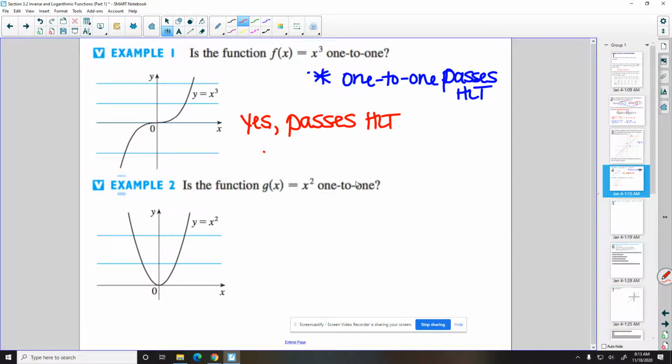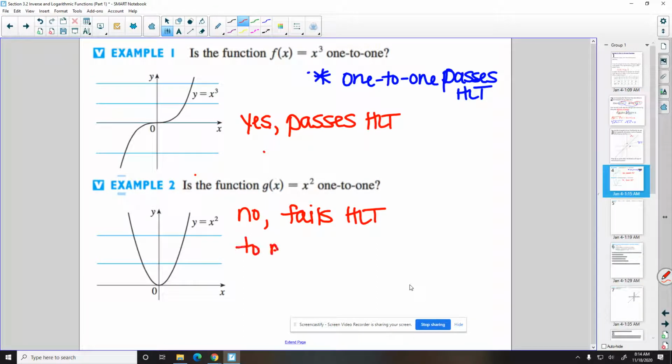What if it doesn't? So like example 2, if I draw horizontal lines through this graph, it's actually going to cross the graph twice, more than once. So this one is not considered 1-to-1. It fails the horizontal line test, which means it doesn't have an inverse the way that it is stated. So what you can do, though, is make an inverse.